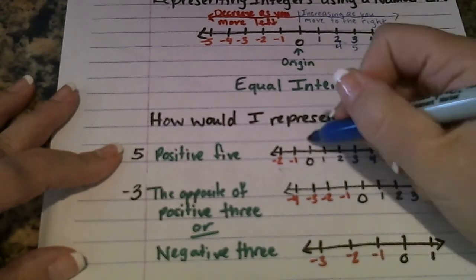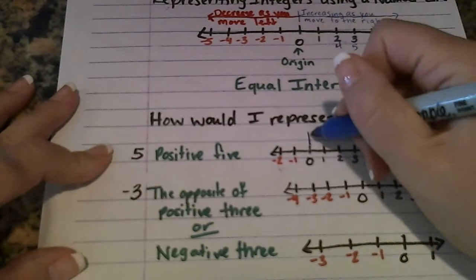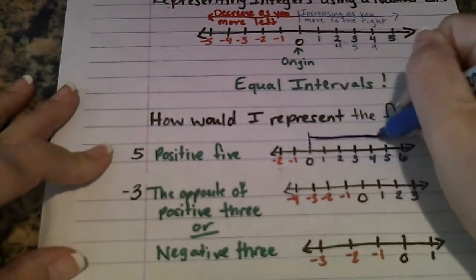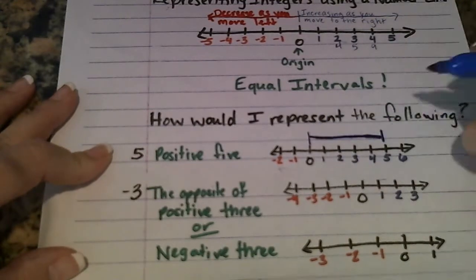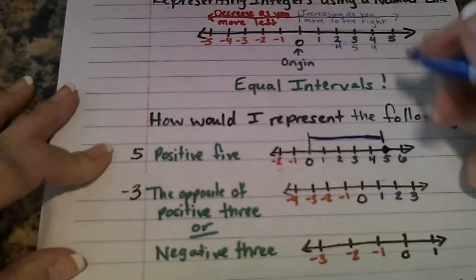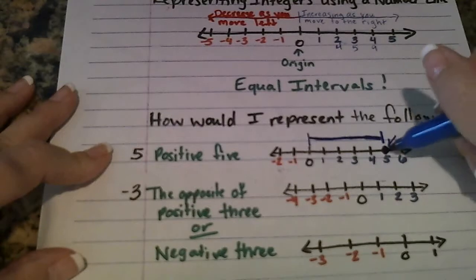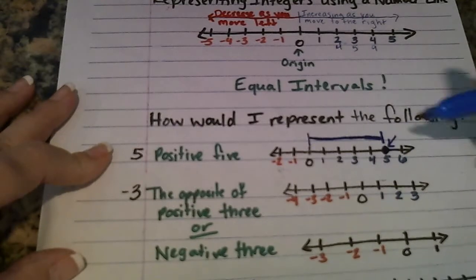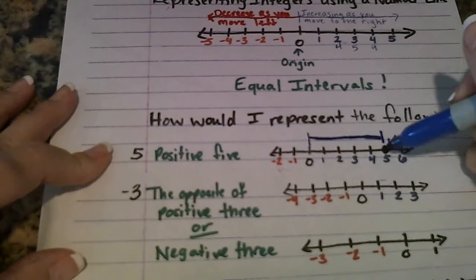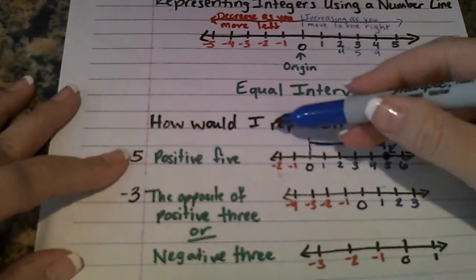And again, I'm going to start from 0 at my origin, and I'm going to move 5 spaces to the right. I'm going to place my point on the hash mark here to show that I just plotted positive 5 on the number line. So what I'm looking for here is the dot on the positive 5. That shows positive 5 represented on the number line.